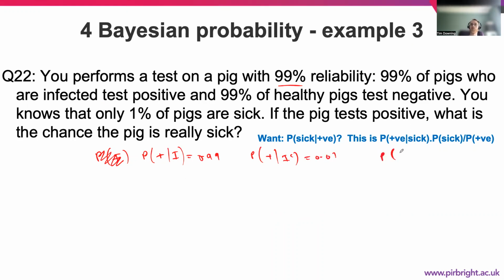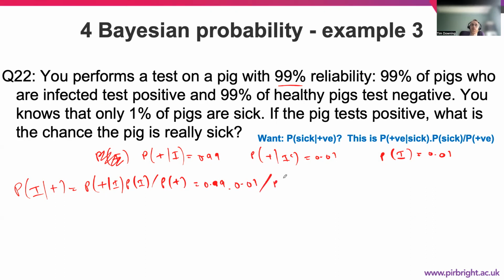And we know the probability of infection is going to be 0.01. In the same way as before, the probability of being infected if you test positive is going to be the probability of testing positive if you're infected by the probability of being infected, divided by the probability of being positive, which is 0.99 by 0.01 divided by the probability of being positive.